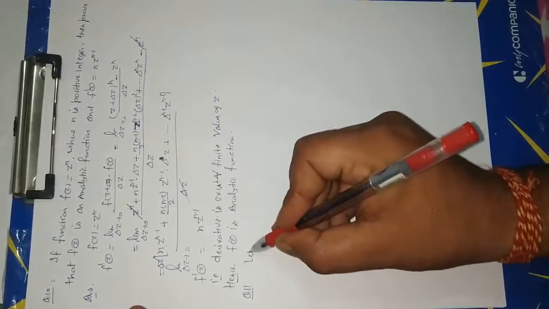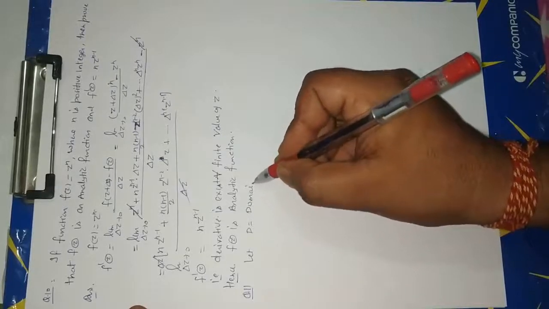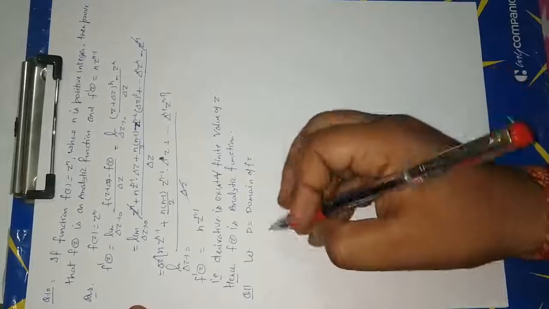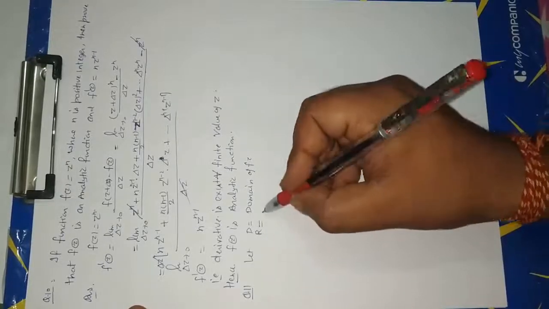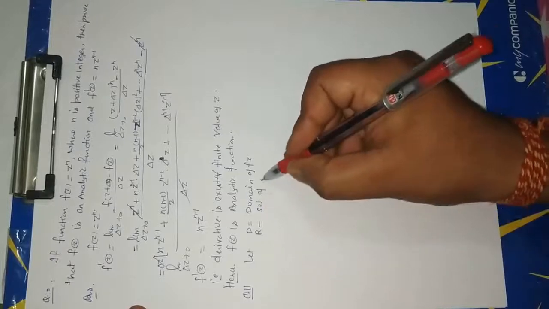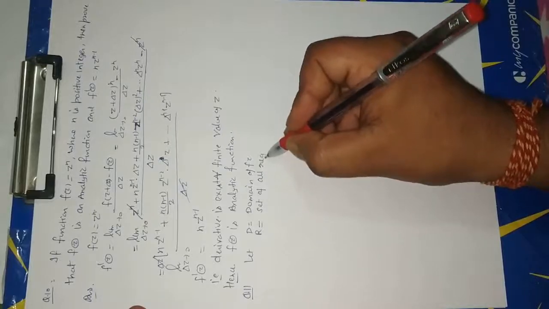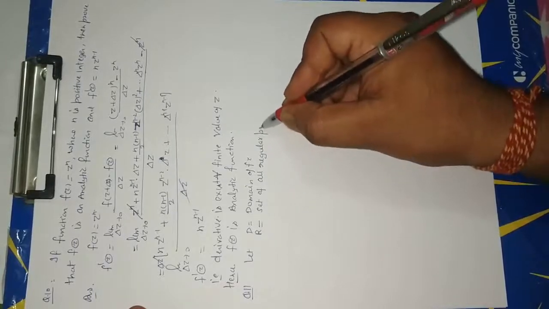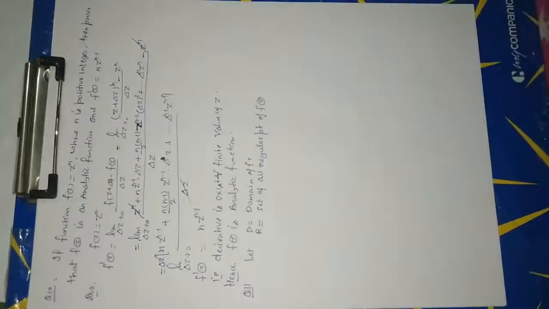Let D equal the domain of f z. Capital R equals the set of all regular points of f z. Now a regular point is the point where the function is analytic.